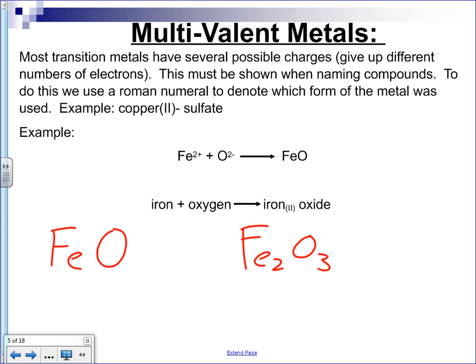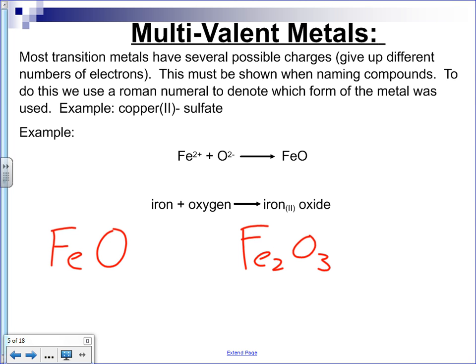If iron can have more than one possible charge, I need to figure out which iron I'm working with. Does oxygen have more than one possible charge? No, it's always -2.